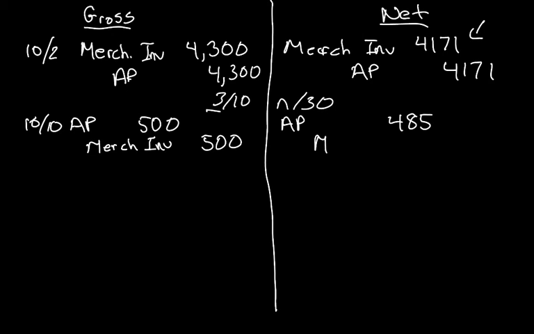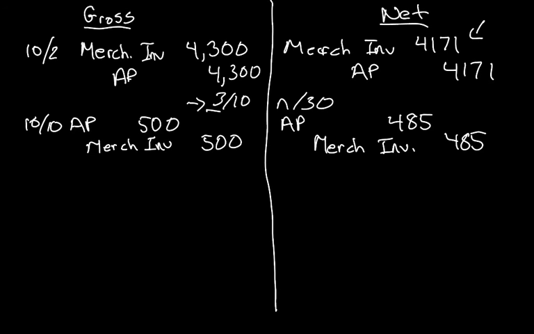So we're going to record it at $485. That's with the 3% discount, and the merchandise inventory will be credited for $485 because we initially put it in at its discounted rate.